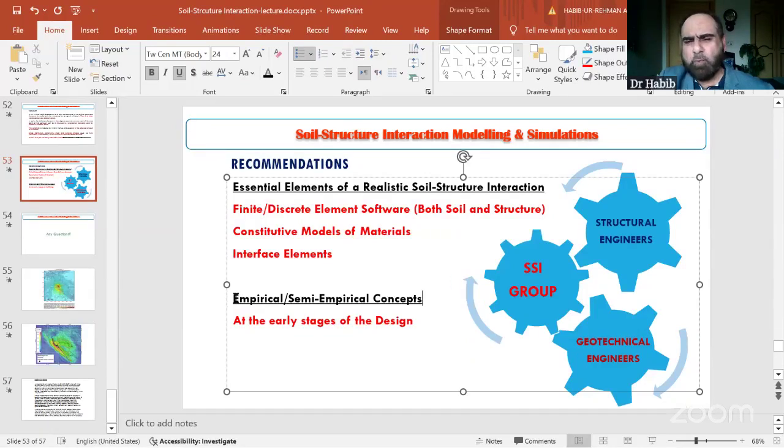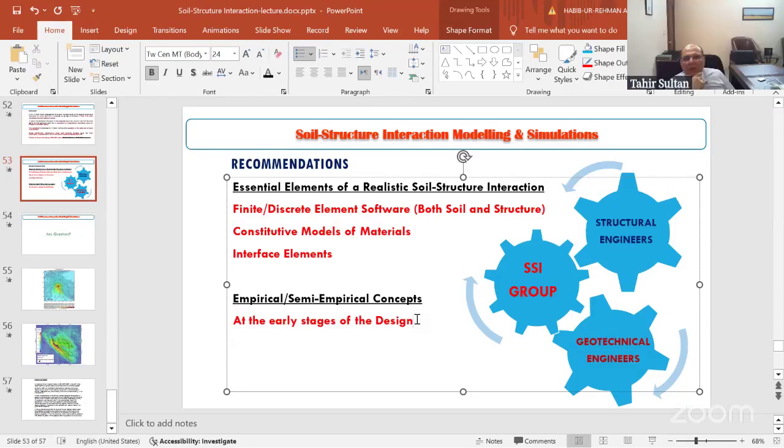I'm proposing that for any design, we should do the precise designing later on. We should not adopt something in between empirical and SSI. Otherwise, I agree with him that there could be problems. Either we use our experience just to get an idea, or we do a precise modeling.